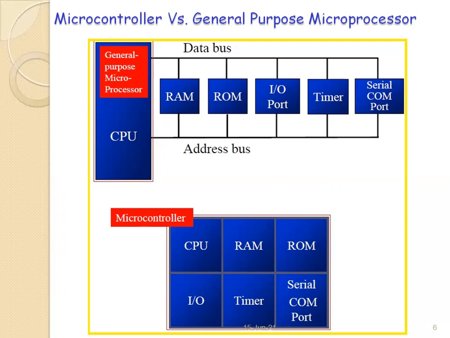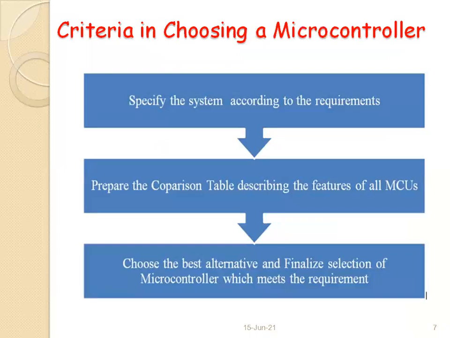Microcontroller is termed a system on chip because all the peripherals and other devices are embedded with the central processing unit. So the system is designed within a chip. Therefore, it is known as a system on chip.